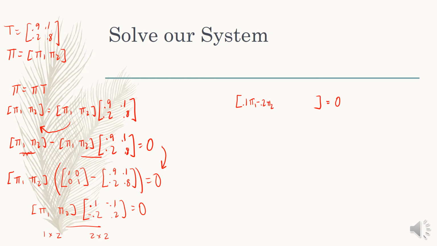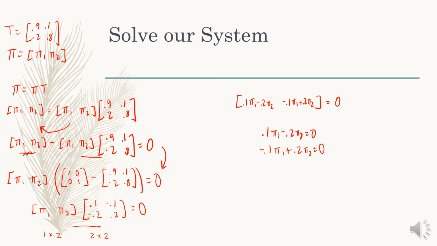For my second piece, I'm going to have negative 0.1 pi 1 plus 0.2 pi 2. I know that it has to equal 0, so both of those are going to be equal to 0. So I'll have 0.1 pi 1 minus 0.2 pi 2 equals 0, and then negative 0.1 pi 1 plus 0.2 pi 2 equals 0.